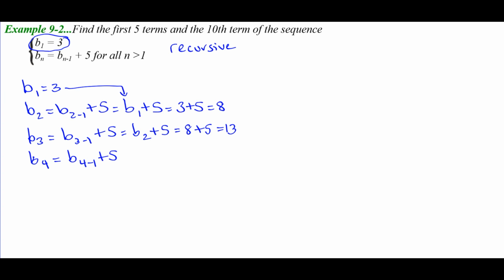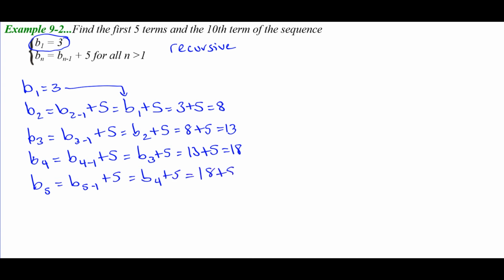So third term plus 5. So 13 plus 5, which gives us 18. Fifth term is going to be b sub 5 minus 1 plus 5. So b sub 4, so fourth term plus 5. So 18 plus 5 is going to give me 23. So we've got our first 5 terms.